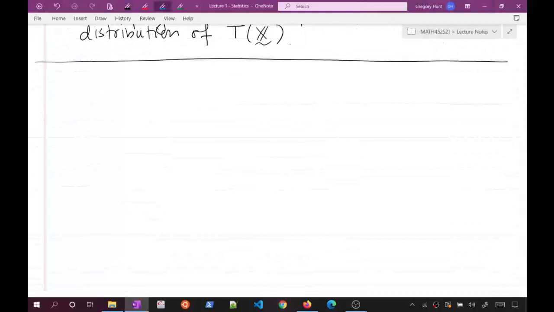Maybe we can write down a little theorem. Here's the theorem. First theorem in the course.